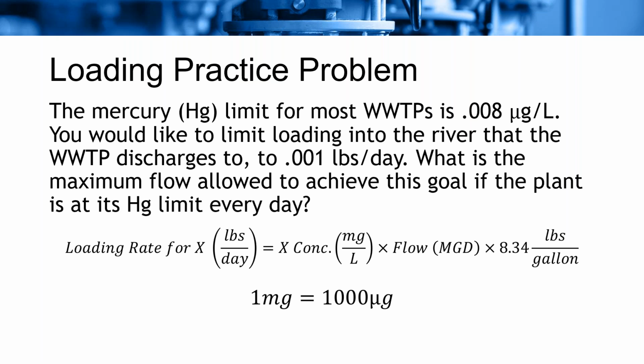We would like to limit loading into the river that the wastewater treatment plant discharges to 0.001 pounds per day, which is pretty reasonable because mercury is highly toxic and causes lots of problems with reproduction and wildlife. So we want to keep it at a nice low limit. In order to achieve that, what is the maximum flow allowed to achieve this goal if the plant is at its mercury limit every day?